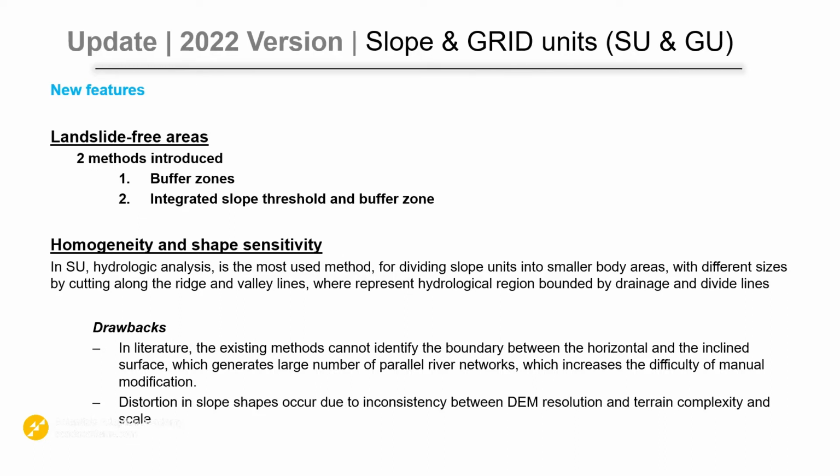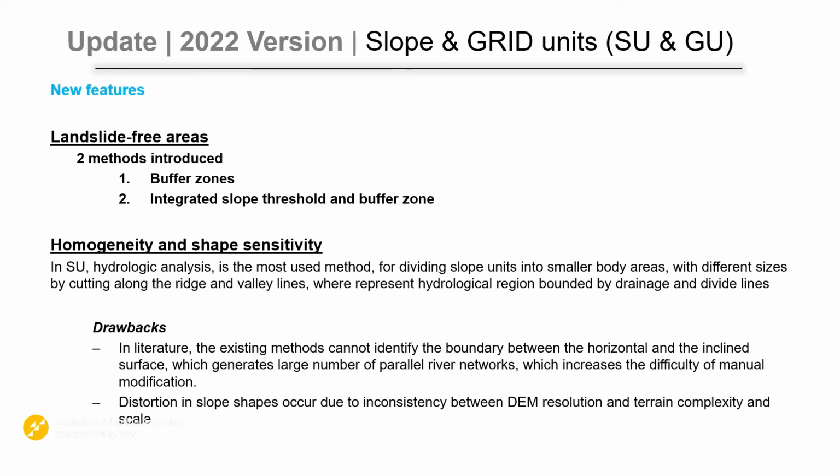In this case, we can assume this 0 to 10 degrees is a safe area, which is more cautious, or more conservative, compared to the buffer zones, because in the buffer zones we might also have critical slopes that didn't witness landslides, whereas with the slope threshold we are sure that the probability of occurrence is very low because it might be flat or semi-flat areas.